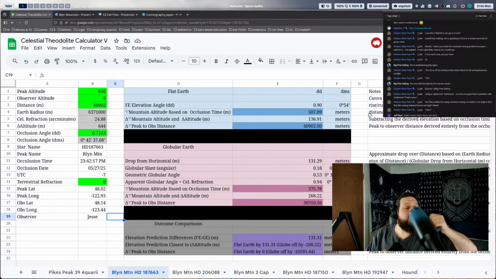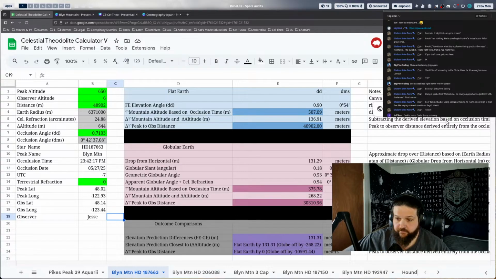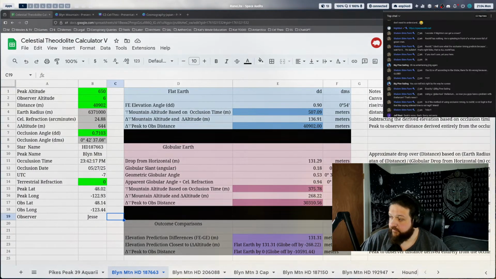Look into it. They shouldn't be getting pissed or emotional. Like, if the truth is that the earth is stationary and it's a topographical plane, there shouldn't be people being pissed. Just do the numbers, and we should have tons of globers and flat earthers taking these measurements and turning them in, because you guys have described how to do it. And we'll see more and more of what the truth is.